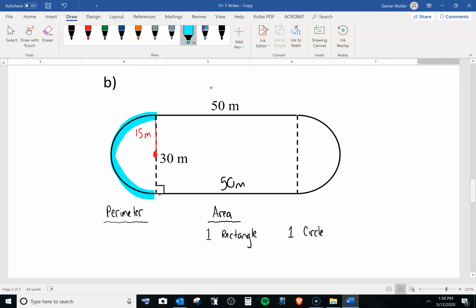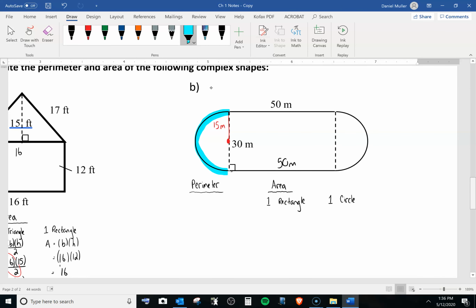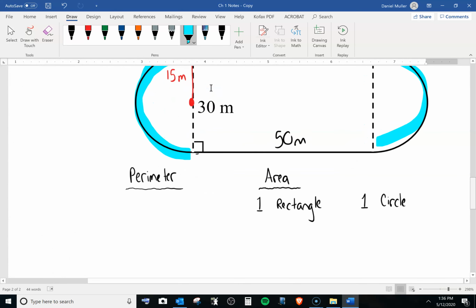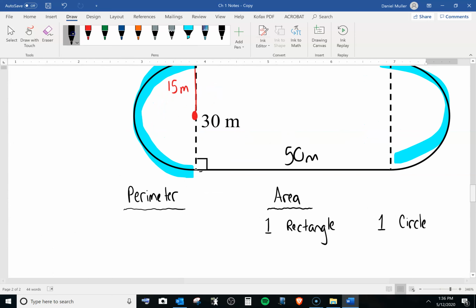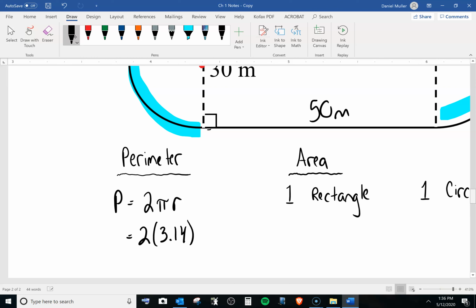I need to find out what that distance is, otherwise known as the circumference. I can find the circumference of a circle, and then half of it will go here, and the other half will go there. So I need to find the circumference of a circle, and the radius is 15. So the perimeter or circumference is, and you have to memorize this, 2 times pi times the radius. Pi, in this case, we're using 3.14, and the radius was 15.